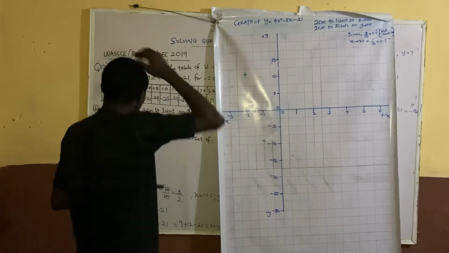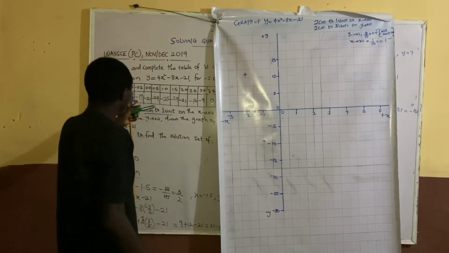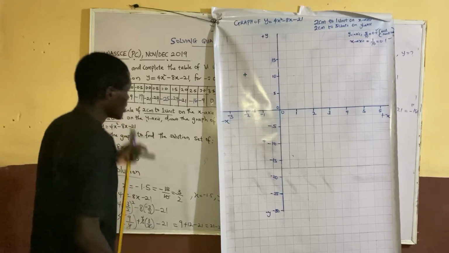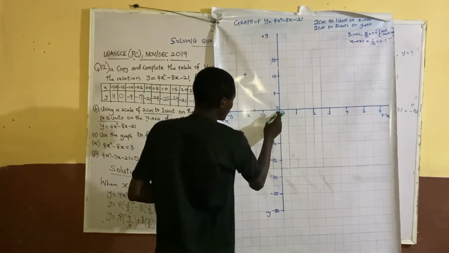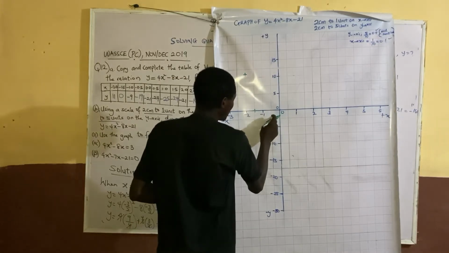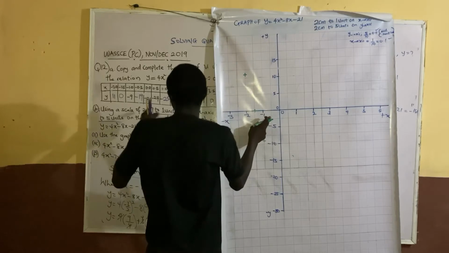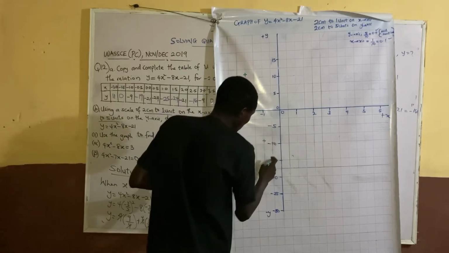Now the next thing is minus 0.5, minus 19. So minus 0.5 is here: 0.1, 0.2, 0.3, 0.4, then minus 0.5. So minus 0.5 against minus 19.